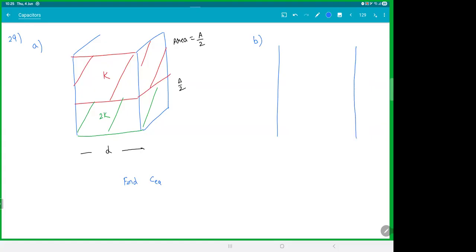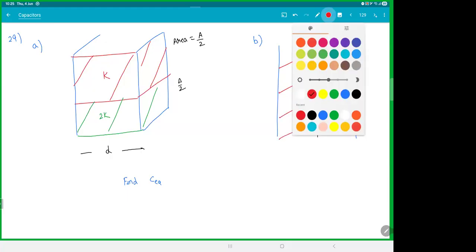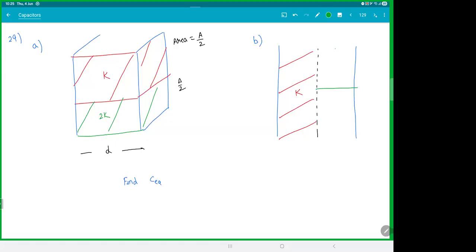Exact same questions we have seen in heat transfer. Their K was thermal conductivity. This was K. This was 2K.